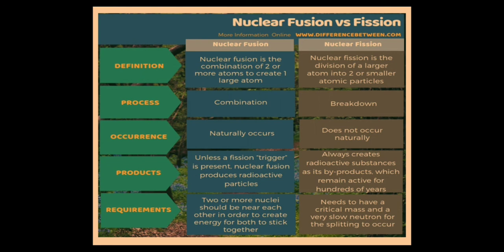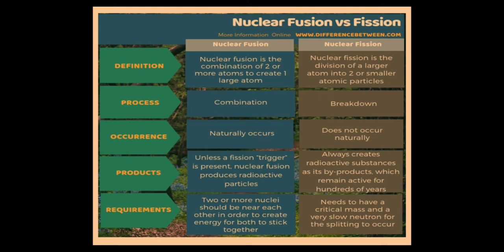The process is combination, and here it is a breakdown. Occurrences: fusion occurs naturally, fission does not occur naturally. Products: unless a fission trigger is present, nuclear fusion produces no radioactive particles, while fission always creates radioactive substances as byproducts, which remain active for hundreds of years.